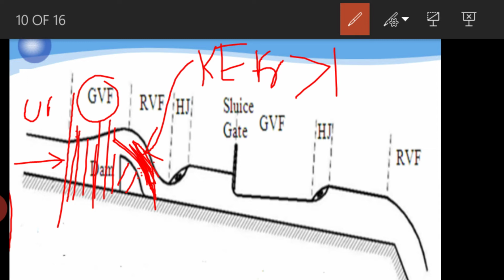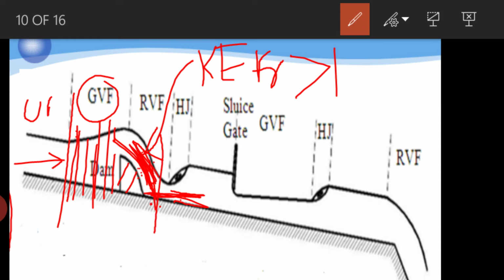It is flowing from a steeper slope, and suddenly the flow comes in contact with the flatter slope here. The moment it comes in contact with the flatter slope, suddenly the energy decreases, from kinetic energy to potential energy. If you take the depth here, it is very less.